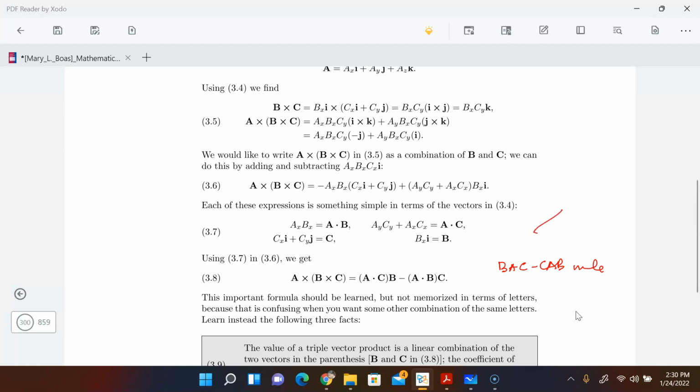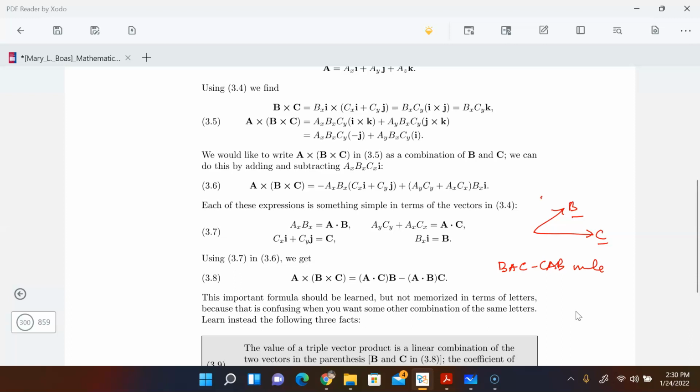So you have your B cross C there. If I do another cross product, it gives you another vector.